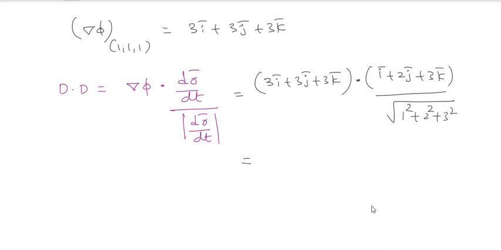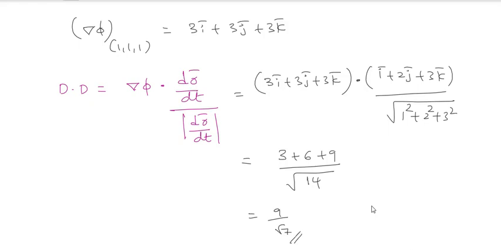If you simplify, you will have 3 plus 6 plus 9 divided by root of 1 plus 4, 5, 5 plus 9, 14. Am I right or not? So if you simplify, you will have 9 divided by root 7. This is the directional derivative corresponding to that.